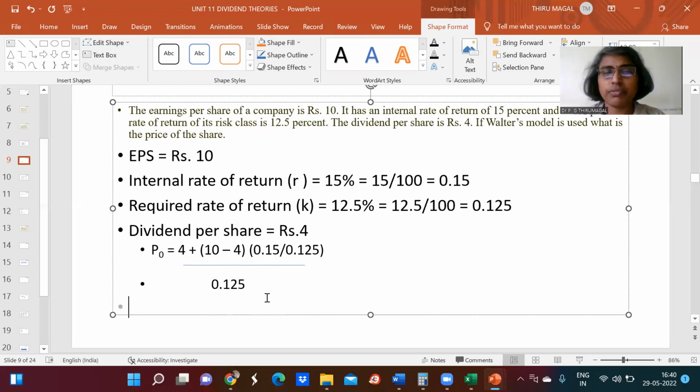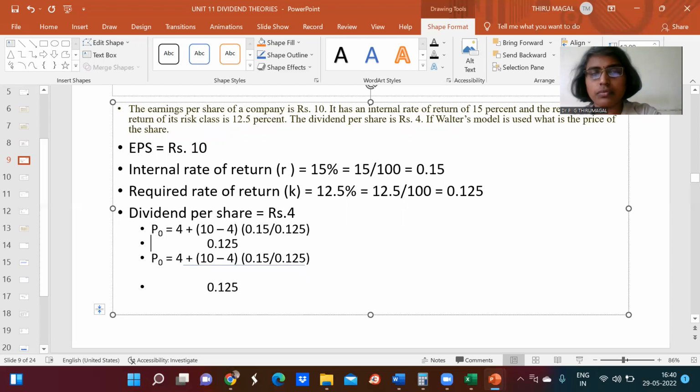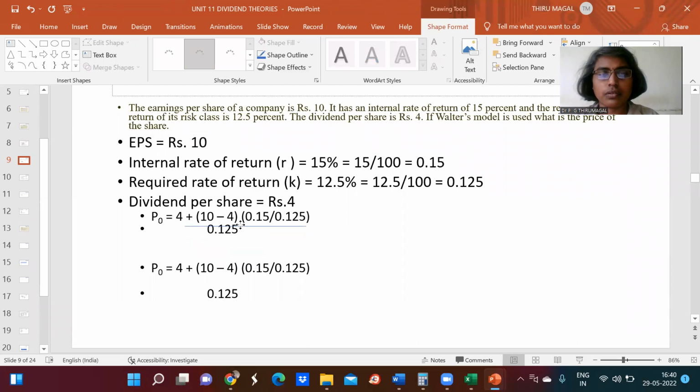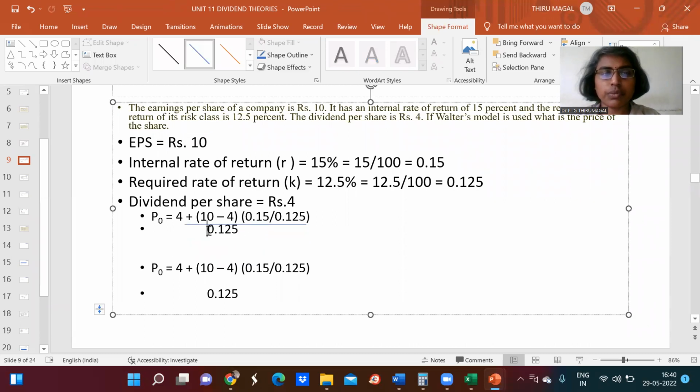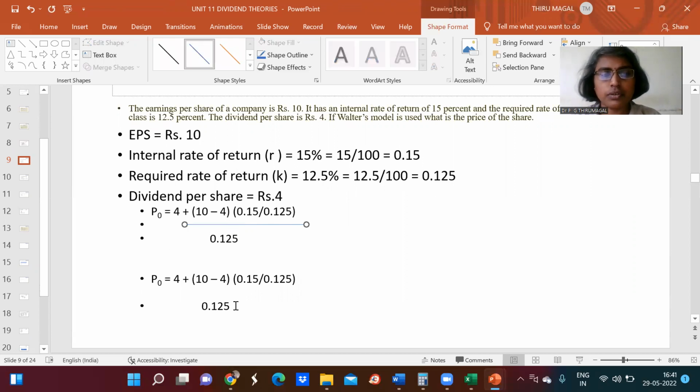So now we need to simplify this one. First we'll subtract 10 minus 4.